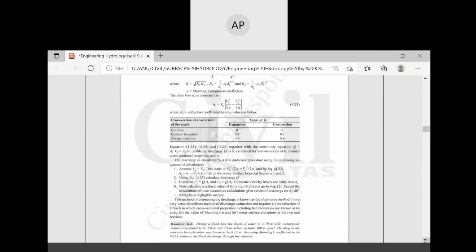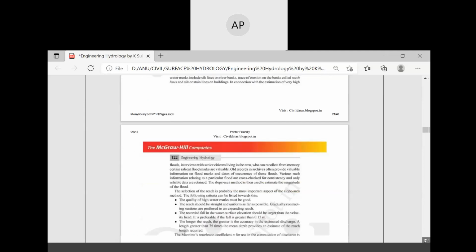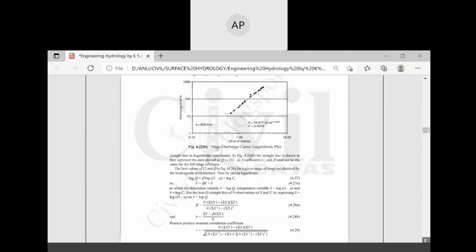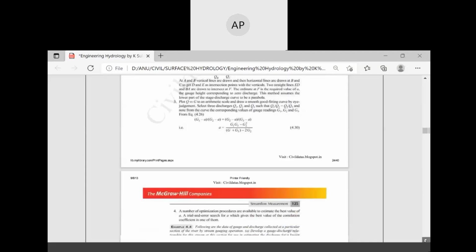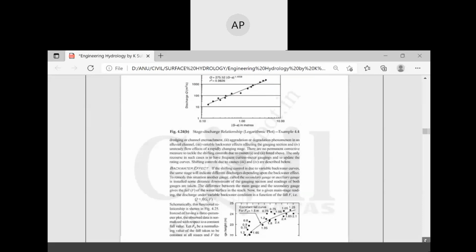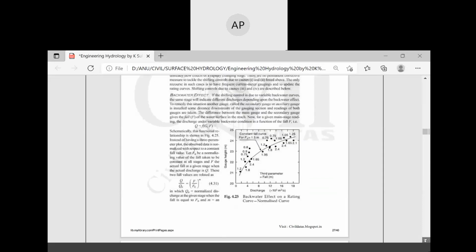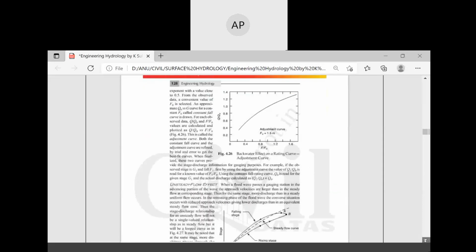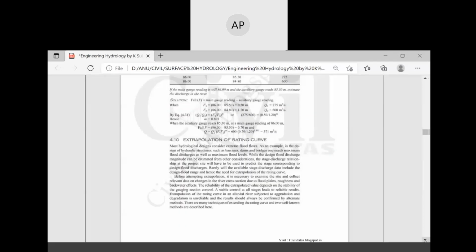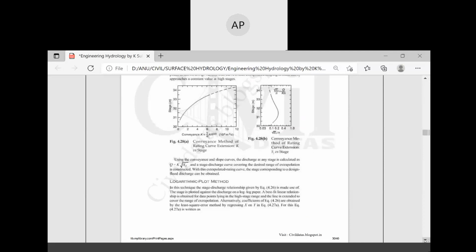After that, let's see, check once. Stage discharge relationship, and then extrapolation of the rating curve.